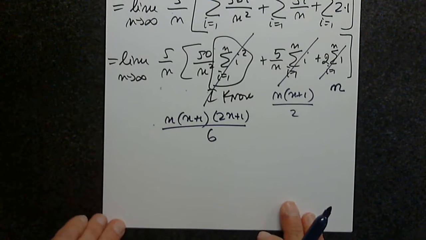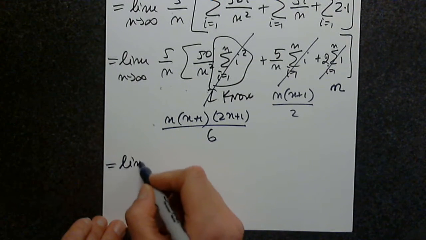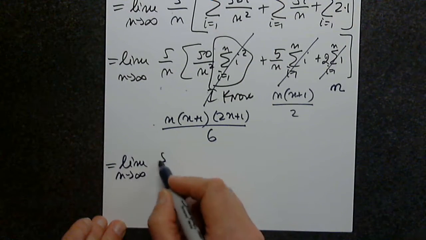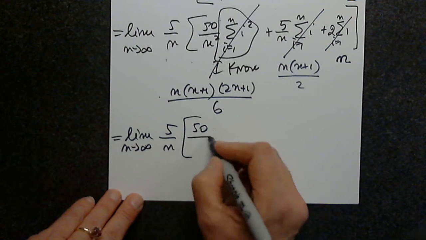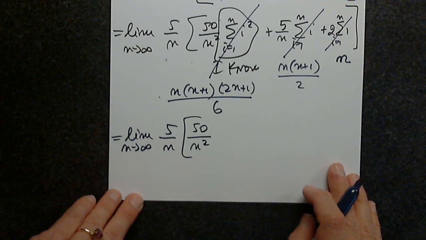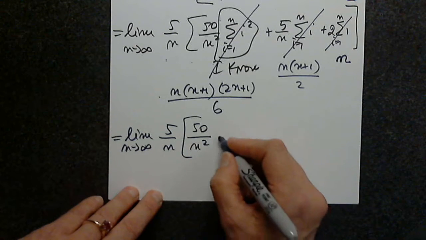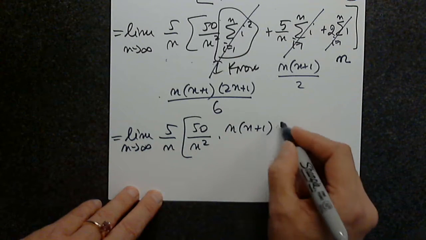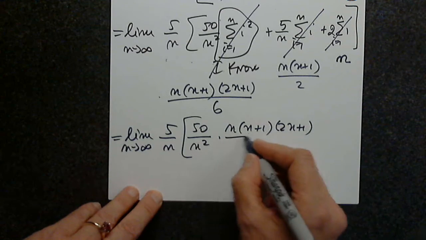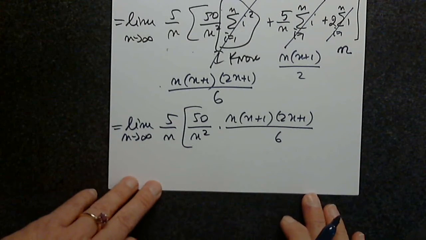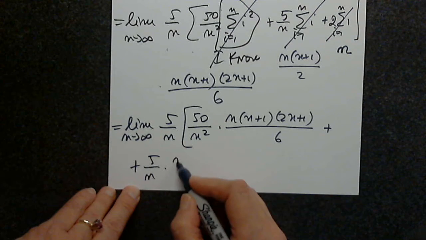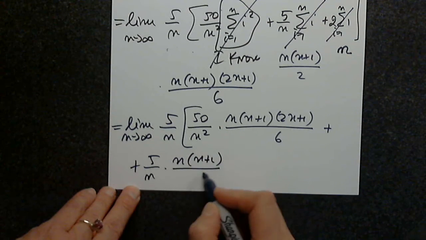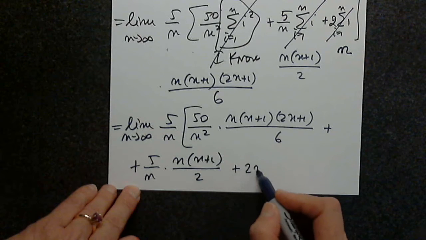They're gone. So then limit as n approaches infinity, 5 over n, 50 over n squared times n plus 1, 2n plus 1 over 6, plus 5 over n times n plus 1 over 2, plus 2n.